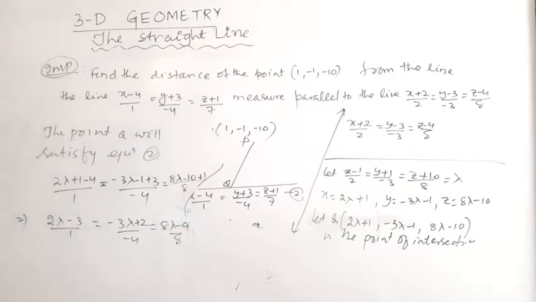So taking any two here, that is (2 lambda minus 3) into 4 is equal to minus 3 lambda plus 2.